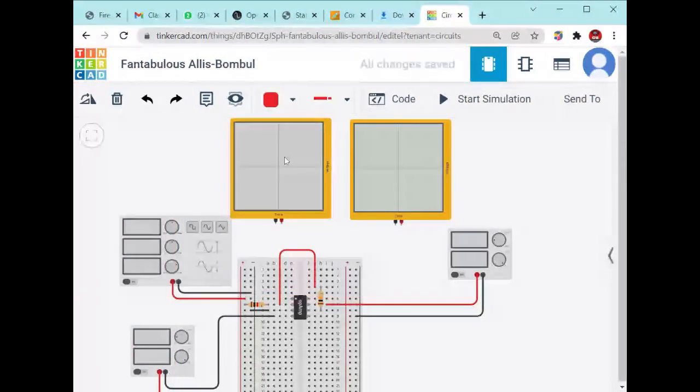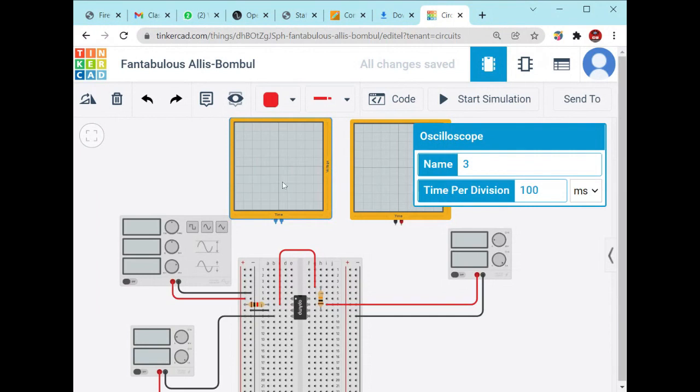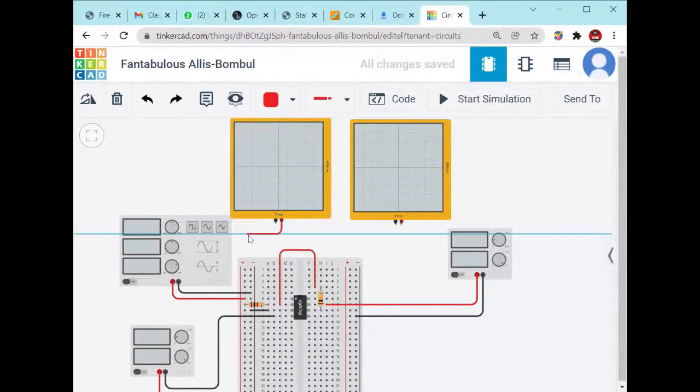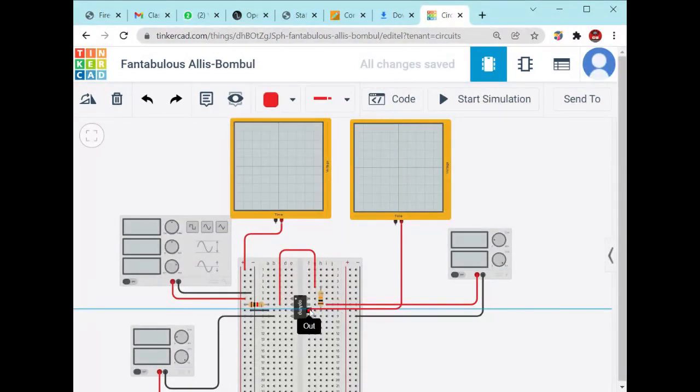The first CRO is to be connected with the input side. This one is your positive connection. You have to connect this positive with the positive one, and this is your positive connection. This positive connection is connected with the output. So this is your output.